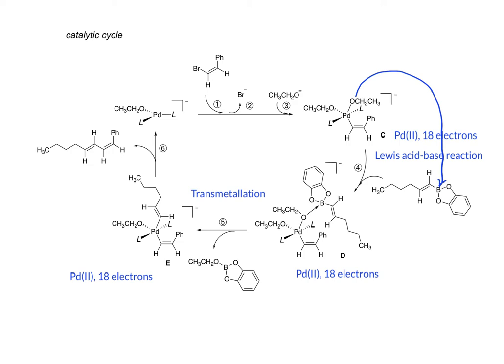From intermediate E, the organic product forms by reductive elimination, which regenerates the palladium 0 catalyst for another round of the catalytic cycle. This is summarized on the final page of the worksheet.